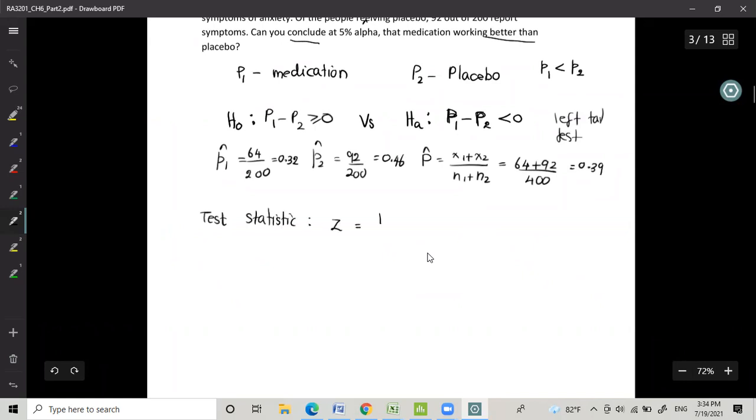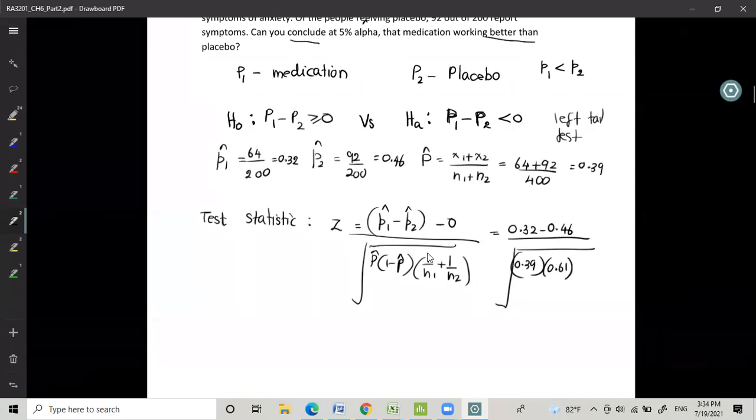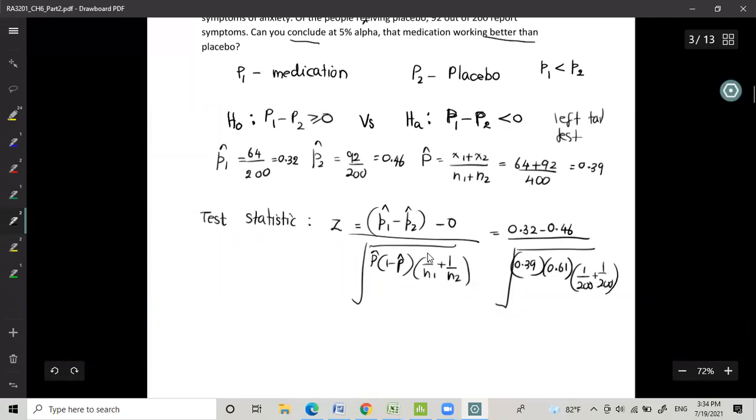It's going to be the z-score: P1 hat minus P2 hat minus 0, divided by the square root of the pooled estimate and the sample sizes. Right, so we have 0.32 minus 0.46, divided by the square root of 0.39 times 1 minus 0.39, which is 0.61, times 1 over 200 plus 1 over 200 again.